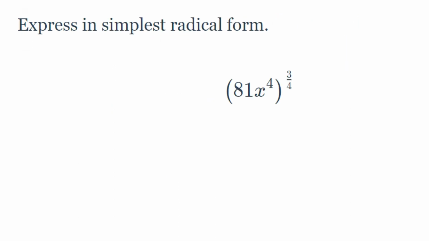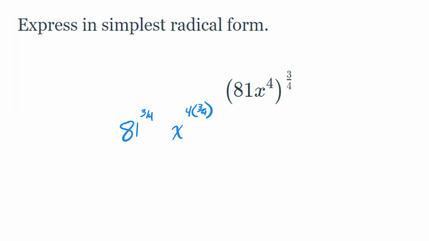All right, this one's going to be our last example. And this one, you do need to be careful because a lot of times what we want to do is just address the variable, but this one has the 81 and the variable in the parentheses. So there's two methods that we could do this. We can take the 81 to the 3/4, we can split these up. 81 to the 3/4 power, and we can take the x to the 4th times 3/4.